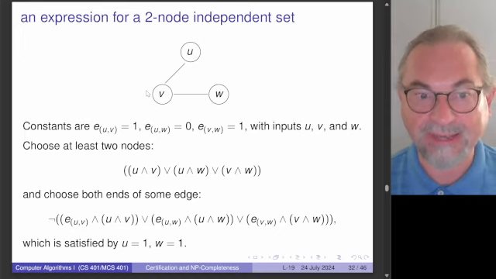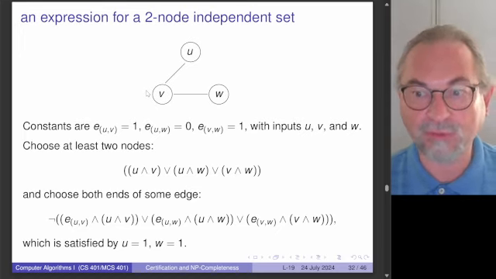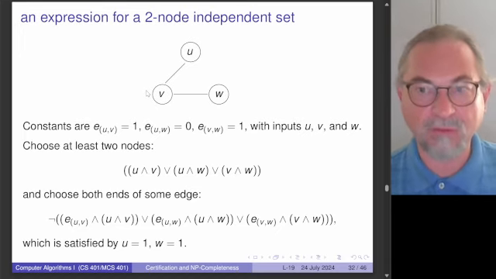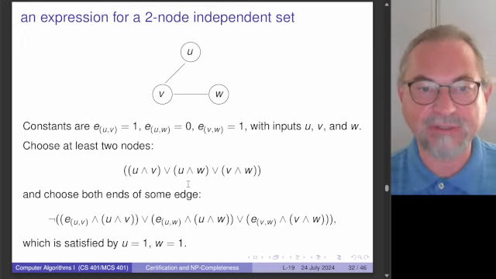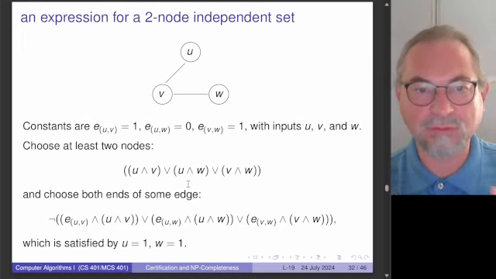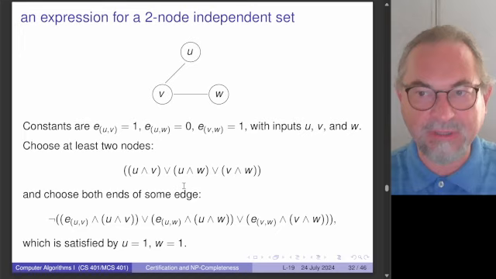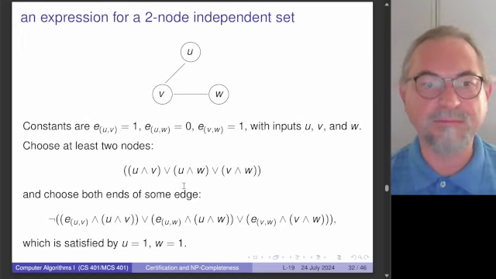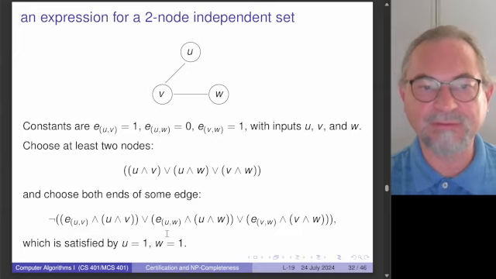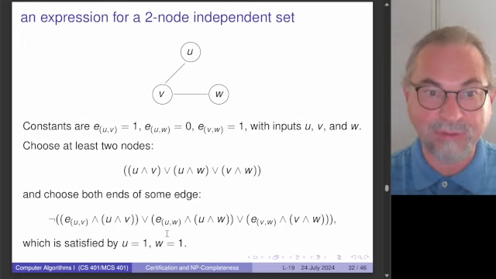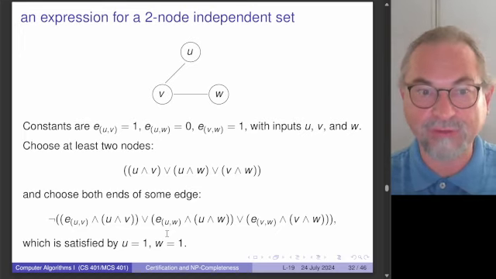If you select U and W, so you give an input 1 for U and W, then you see that at the right side of the circuit the middle one, U and W, will be 1, and that will be sufficient to make this entire right side of the circuit 1. And then you also select U and W, and there is no edge between U and W, so that constant is 0.